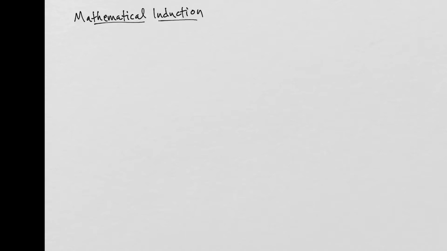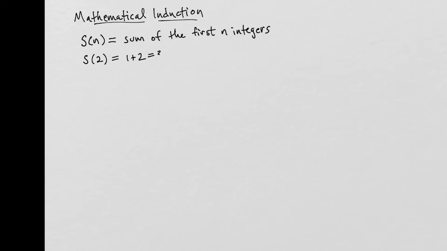Okay, so we're going to work with the standard mathematical function, which I'm going to call S of n, which is just going to be the sum of the first n integers. So for instance, if you give me S of 2, then I want the sum of the first two integers, so that's 1 plus 2, which is equal to 3.